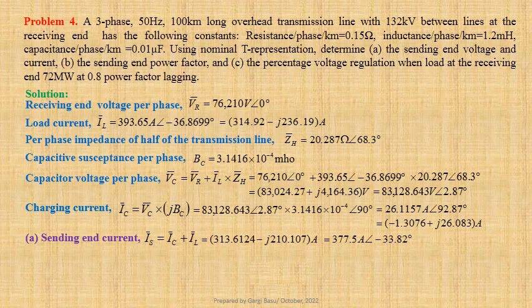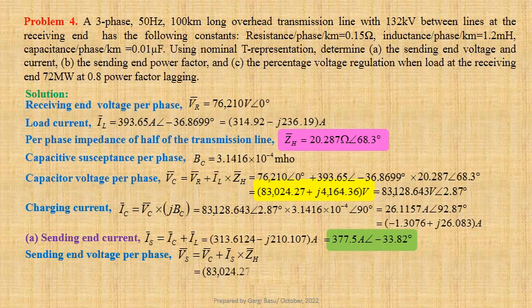Let us now determine sending end voltage per phase. Vs equals to Vc plus Is into Zh. Using values we get 83,024.27 plus J times 4,164.36 plus 377.5 at an angle minus 33.82 degree into 20.287 at an angle 68.3 degree.